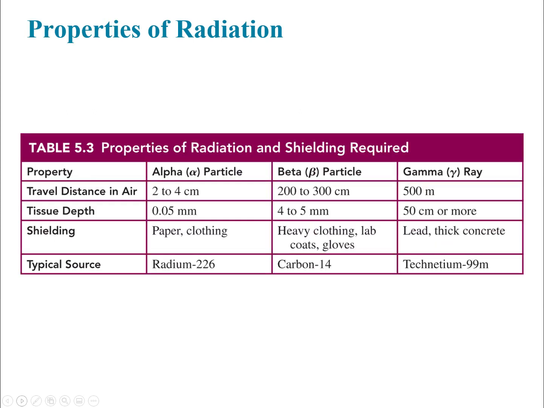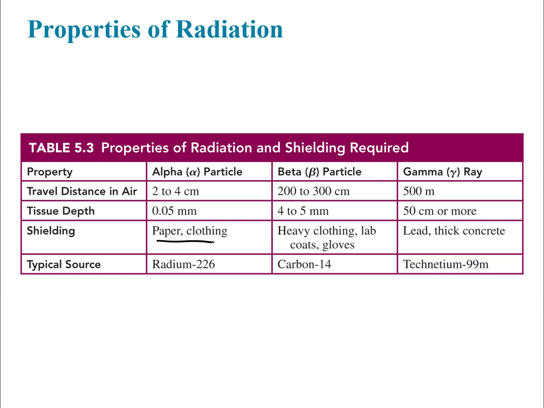Let's talk about some properties of radiation. We're going to cover alpha and beta particles and gamma rays. In general, if you're just sitting there and a source of alpha particles, beta particles, and gamma rays were to suddenly appear, with alpha particles, you'd be okay. Shielding that you need, pretty much you're wearing clothes, so you're good.